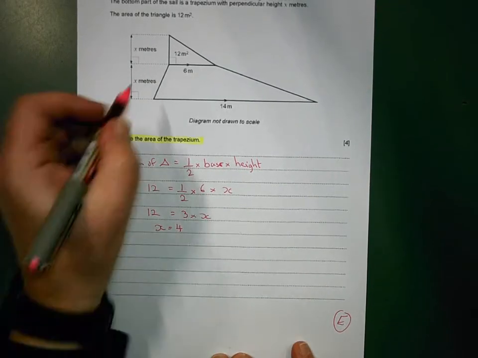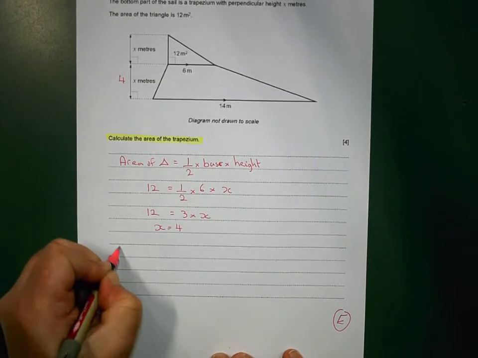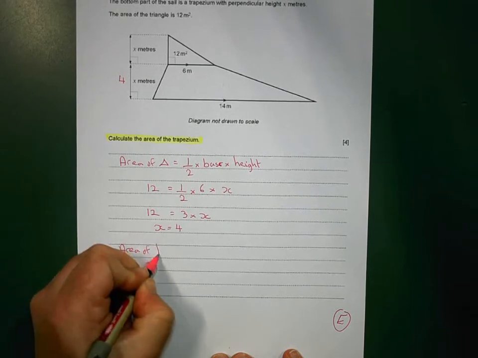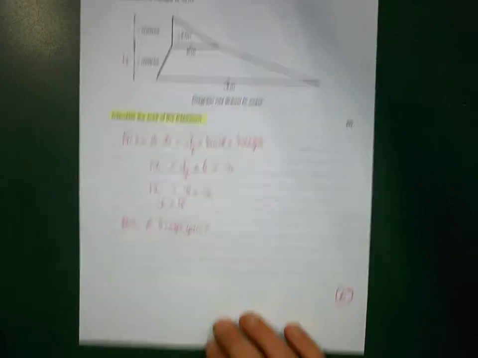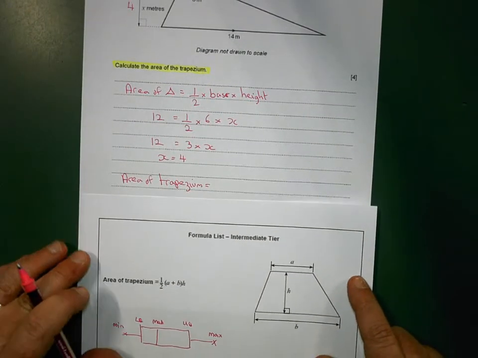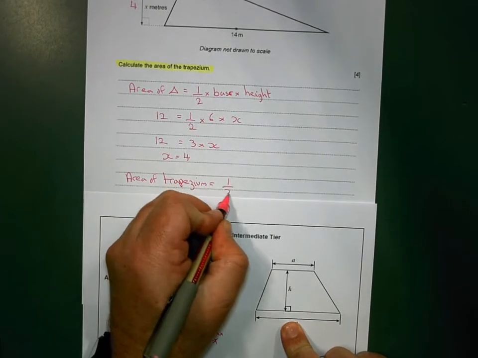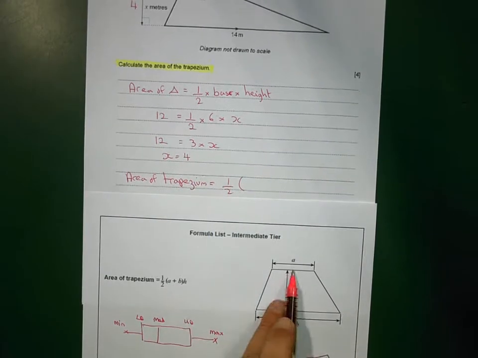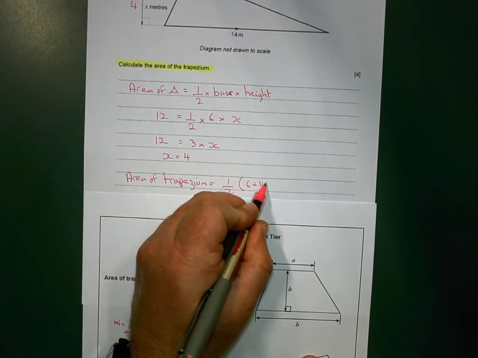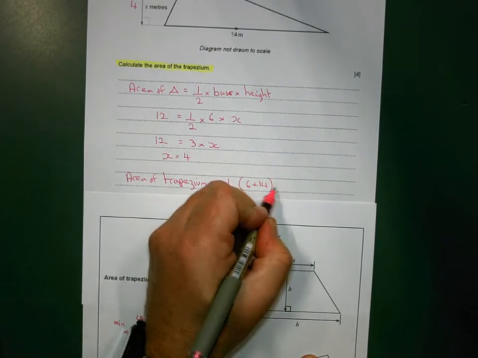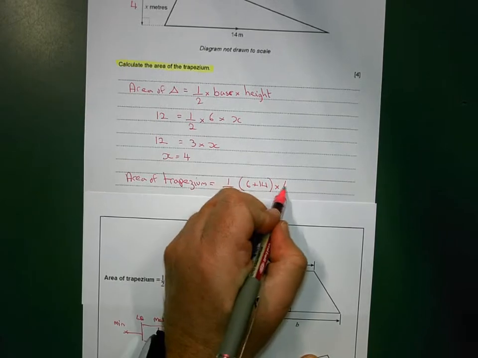Once I know that x is 4, I can then work with the area of the trapezium formula. So going back to the formula page, if you haven't learnt it, the area of the trapezium is a half bracket a plus b, which are the parallel sides, so 6 plus 14, and then bracket h. Where there's a bracket, it means there's a times there, and the h we now know is 4.